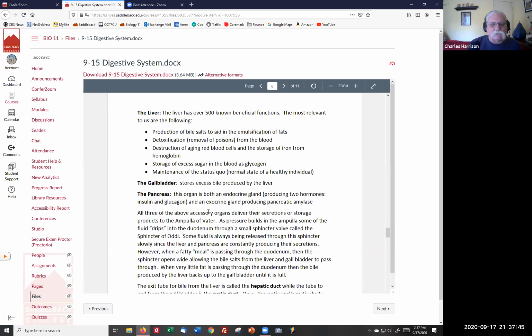The liver also stores excess sugar in the blood, and it stores it as glycogen. This is going to be more important next week than it is today. Glycogen is a storage form of sugar. A potato is a storage form of starch in plants.